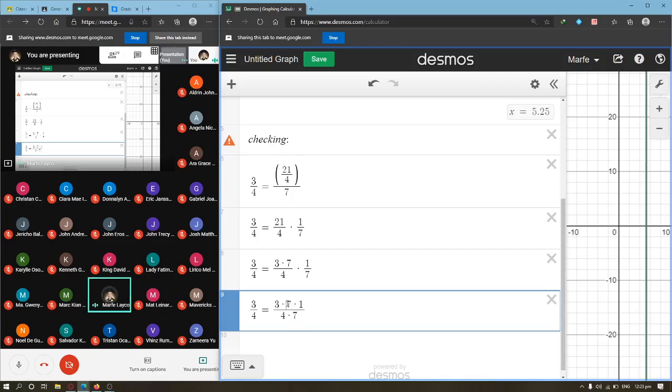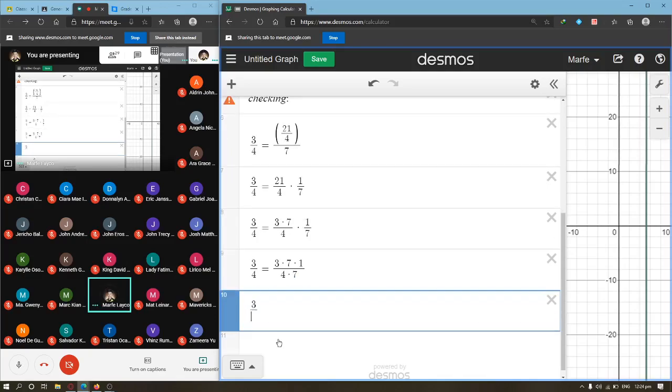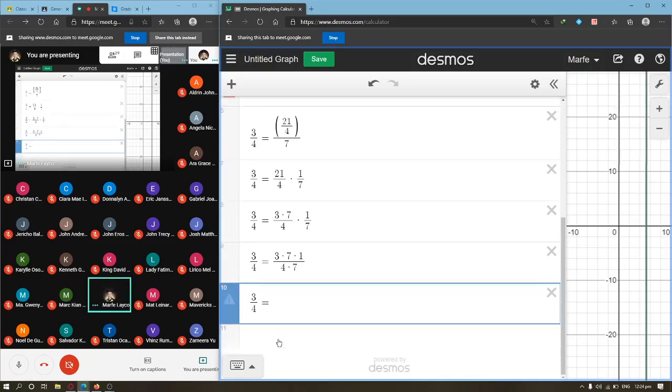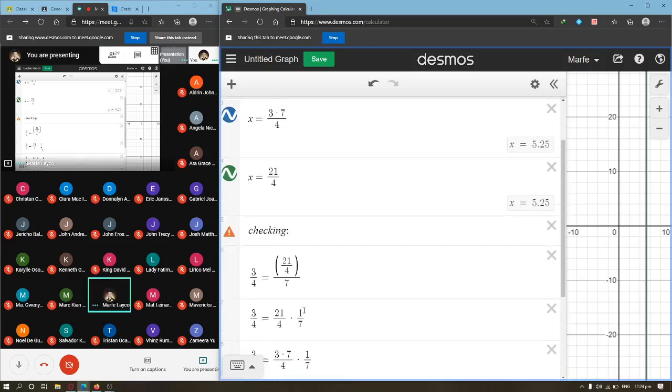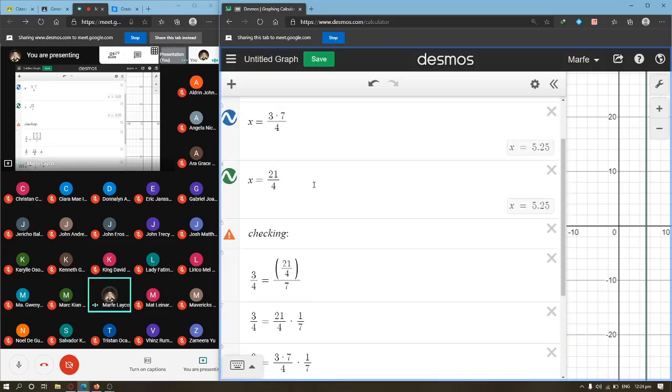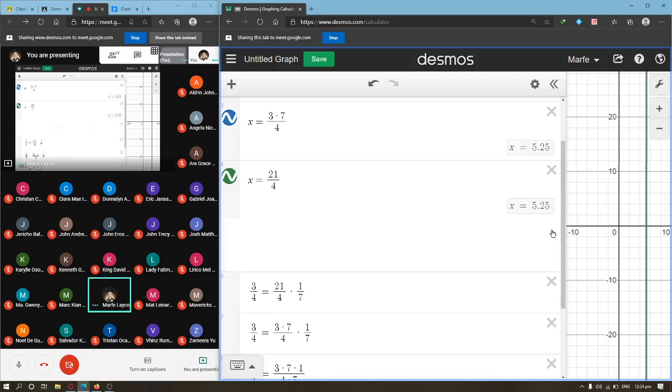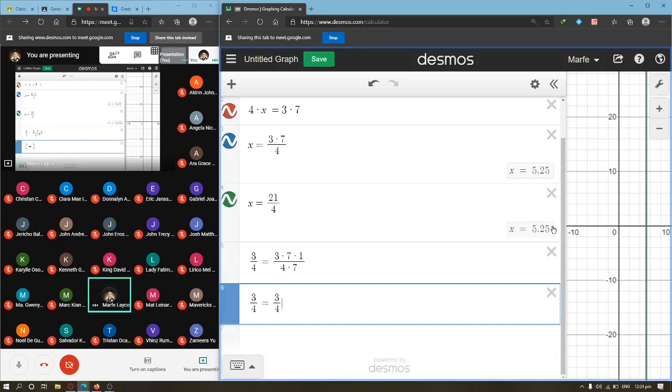So, cancel 7. Ang matitira na lang ay 3 multiplied by 1 is 3 and 4. So, 3 over 4 is equal to 3 over 4. So, correct yung ating answer that the value of x is 21 over 4. Okay, so madaling example pa lang yon.